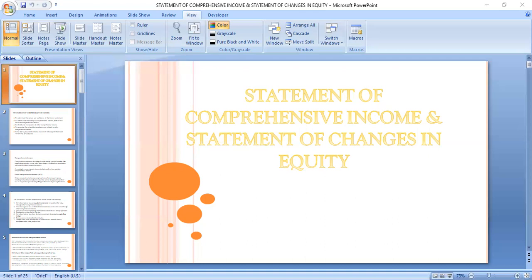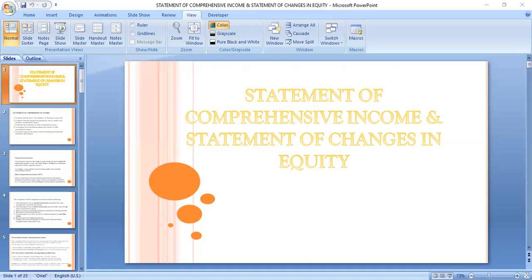Here, paragraph 81 of PAS 1 provides that an entity has two options of presenting comprehensive income, namely the two-statement approach: an income statement showing the components of profit or loss, and a statement of comprehensive income beginning with profit or loss as shown in the income statement, plus or minus the components of other comprehensive income.